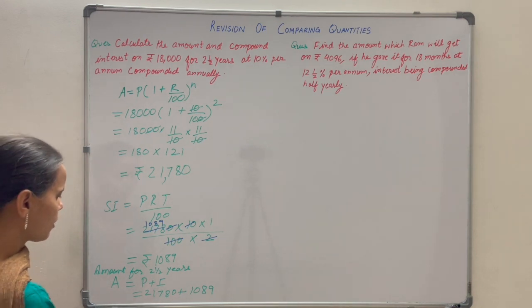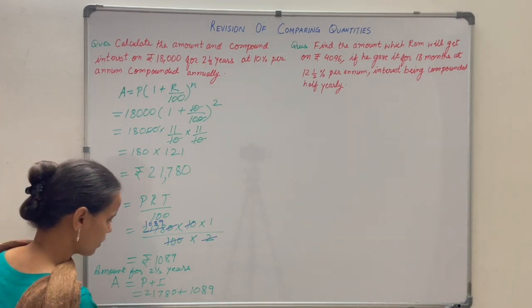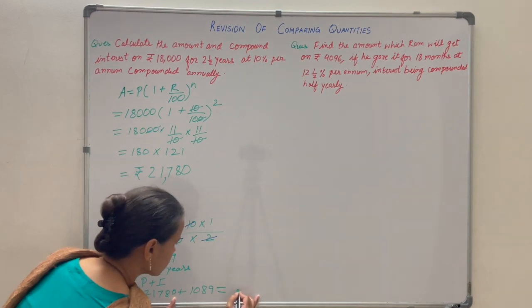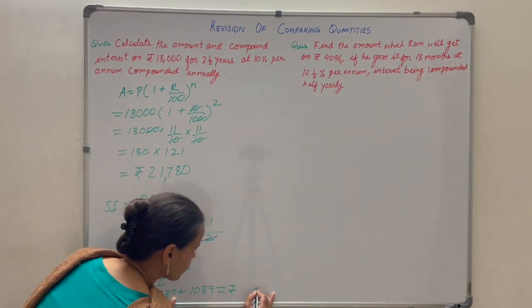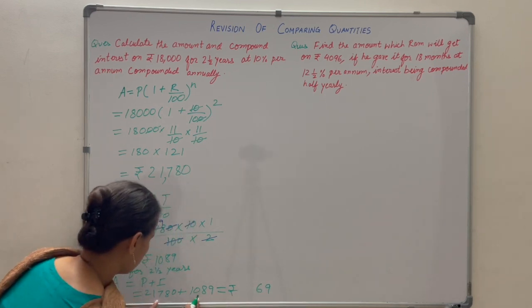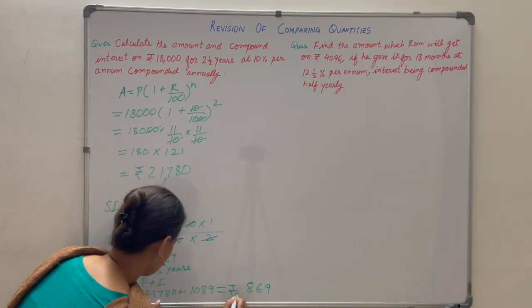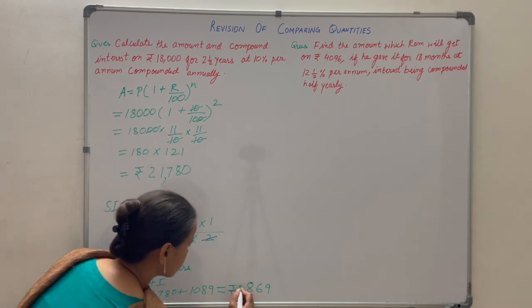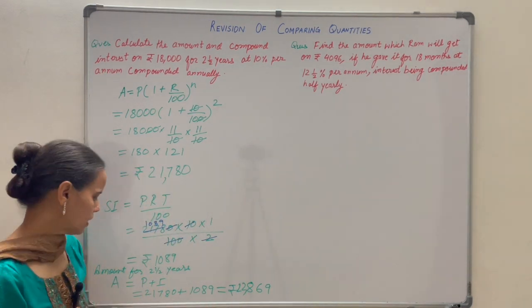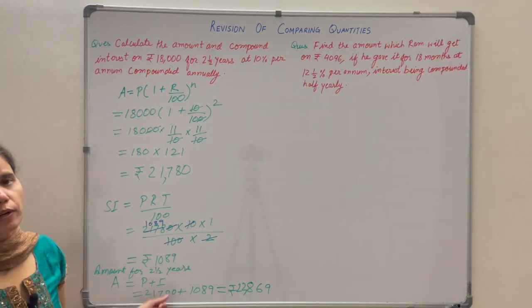So this will give you the amount for 2.5 years. So you will add it up. So this is 9. Then you have 16, 8, 2 and 2. So 22,869 is the amount for 2.5 years.